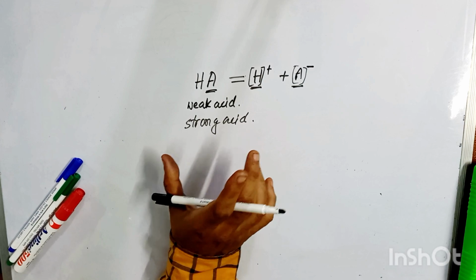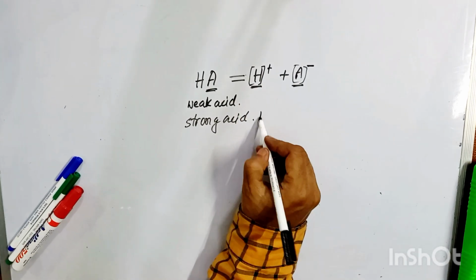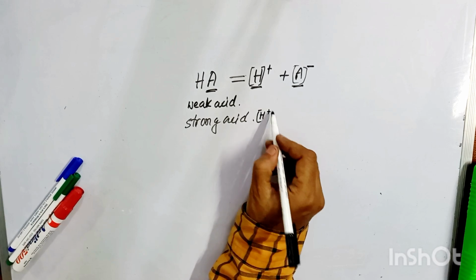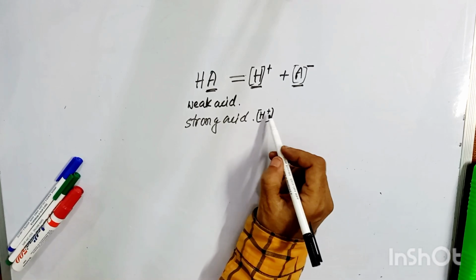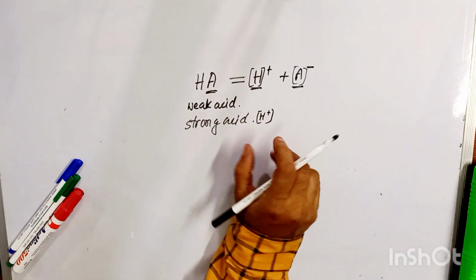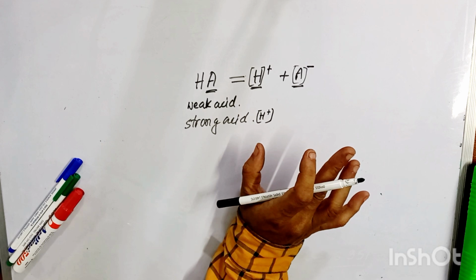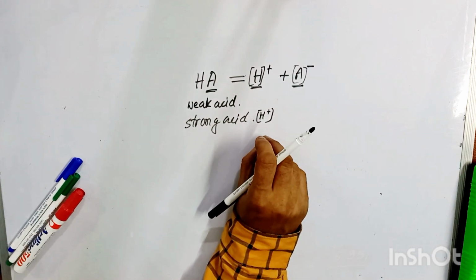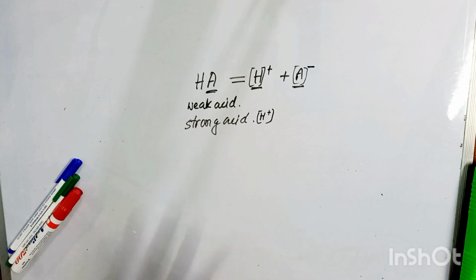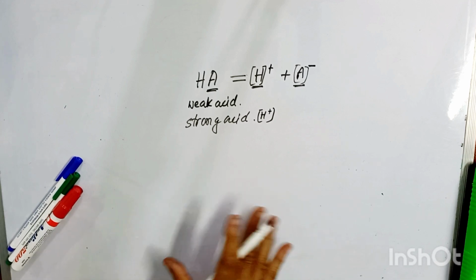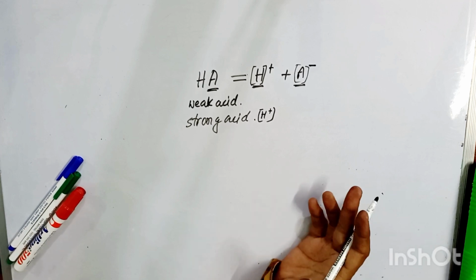The liberation of these hydrogen ions, these protons, which are very small because the atomic number of hydrogen is just 1, so they are very small positive charges, and they are very damaging.